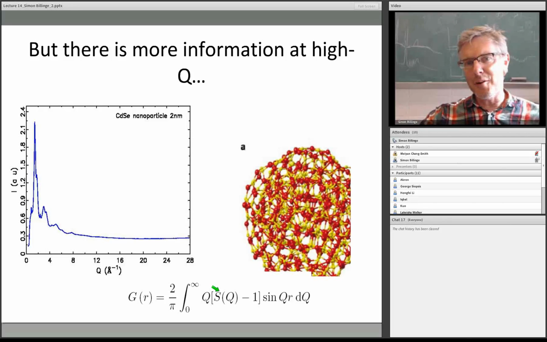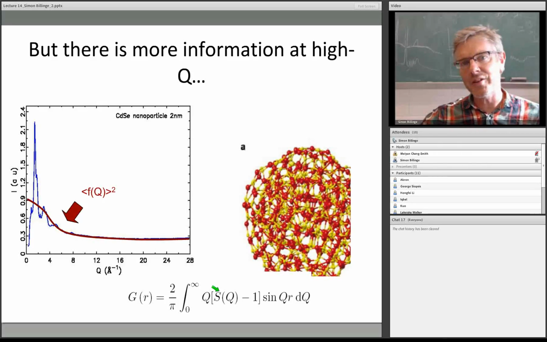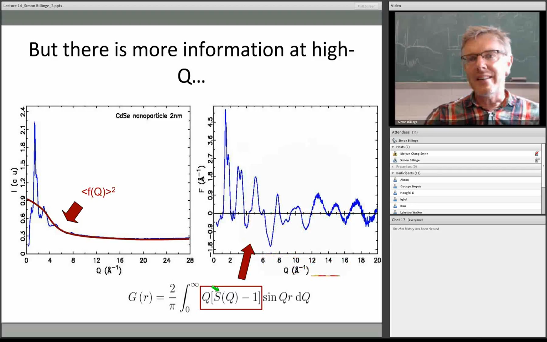The atomic form factor in X-rays is something which falls off with increasing Q, so it looks like a smooth curve falling off like this. We're going to divide the blue curve by the red curve, and when we do this, we get something that looks like this.